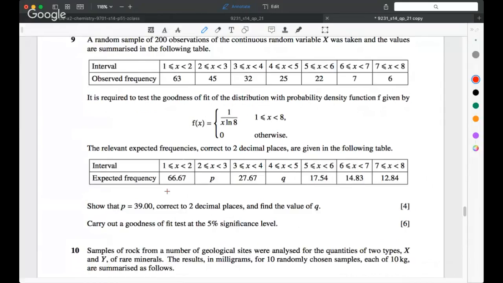Show that p equals 39, correct to 2 decimal places, and find the value of q. This is just an application of the probability density function. So p is the integral between 2 and 3 of f of x dx, and that is easily found to be 39.